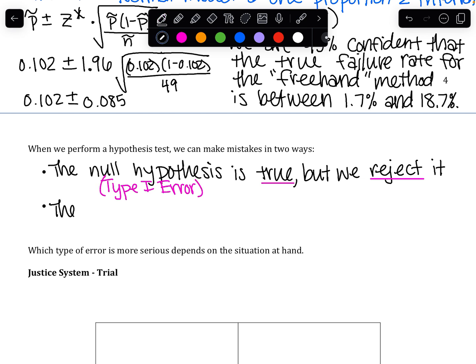The other thing that can happen that would be a mistake, technically, is if the null hypothesis is false, but we fail to reject it.